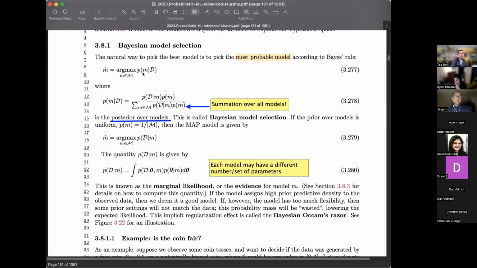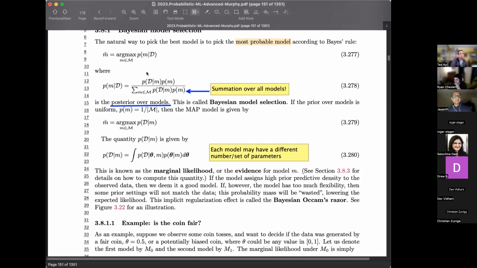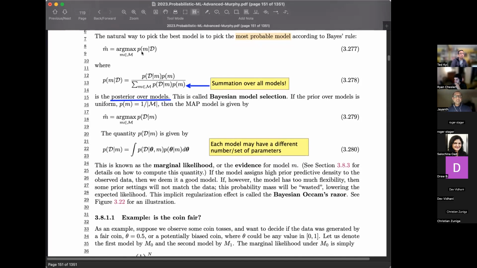But in a hand wavy way, you can imagine that if you can draw this distribution, you want to pick the maximum value and say that's the best model. Here's your expression. This we have seen before, except that instead of the M, we would have seen thetas or hypotheses or something else.